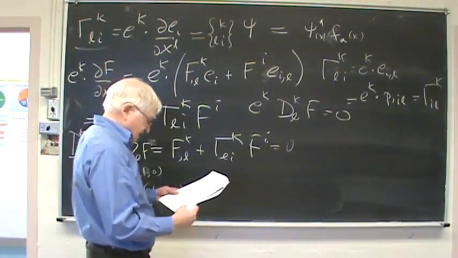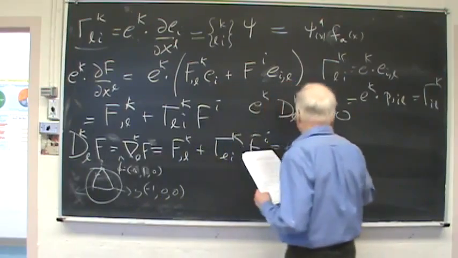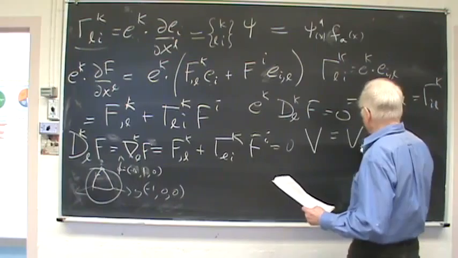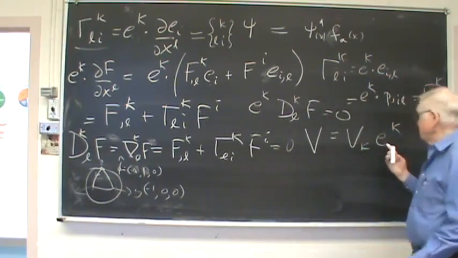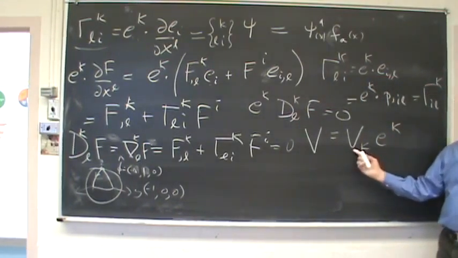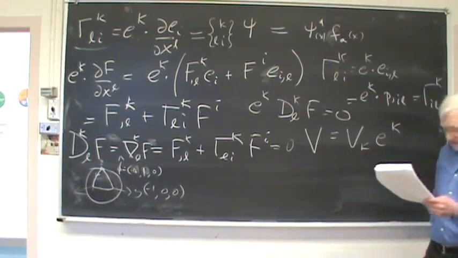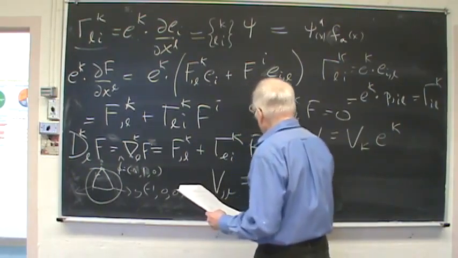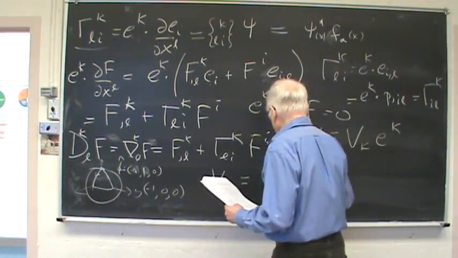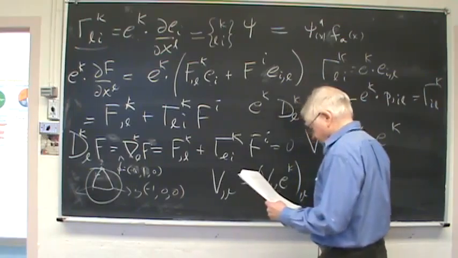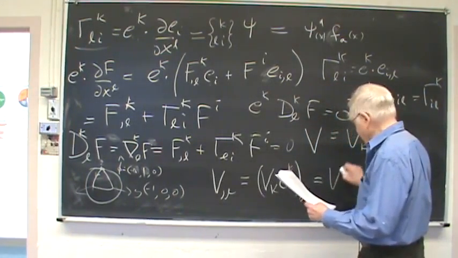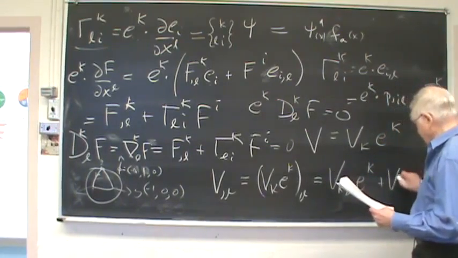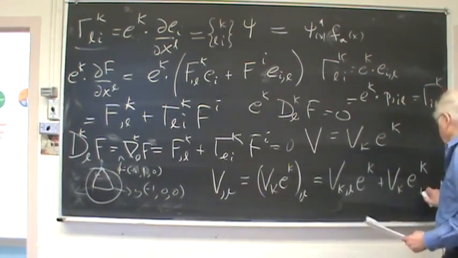On the other hand, you can consider a vector field V that is written in terms of the dual tetrads and the covariant components. And then when you take the derivative, V comma L, what you get is V_K E^K comma L. And so this is V_K comma L E^K plus V_K E^K comma L.